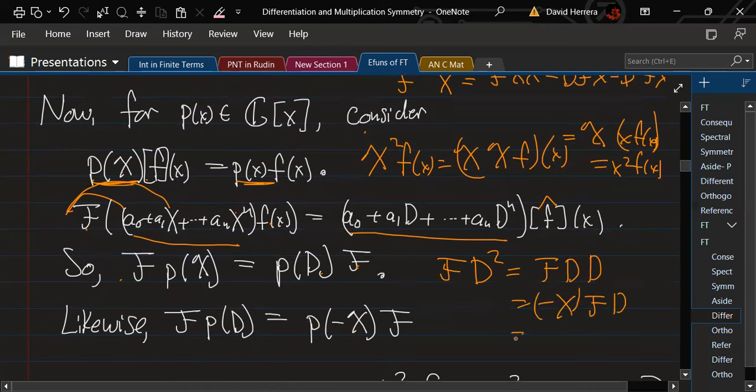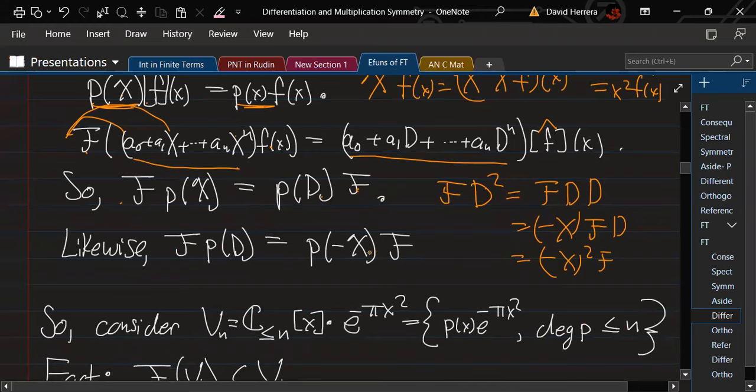A d comes over, and then I get another negative x. So there's no d anymore, I just moved it over. Now the d squared came over, and it became the same polynomial, but instead of having x squared, I have negative x squared. And if I had f d cubed, then I have negative x cubed in parentheses. So this is generally what happens. These are some nice identities.